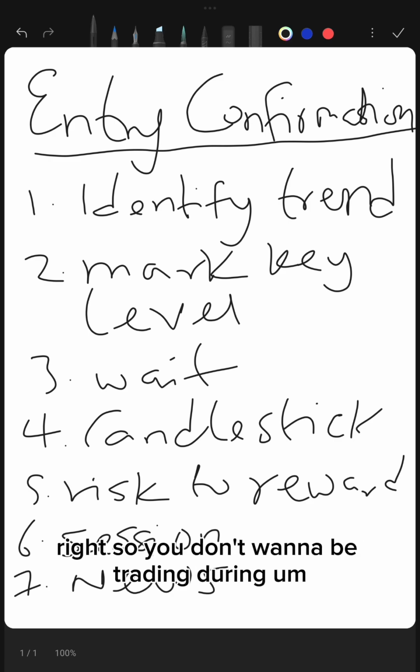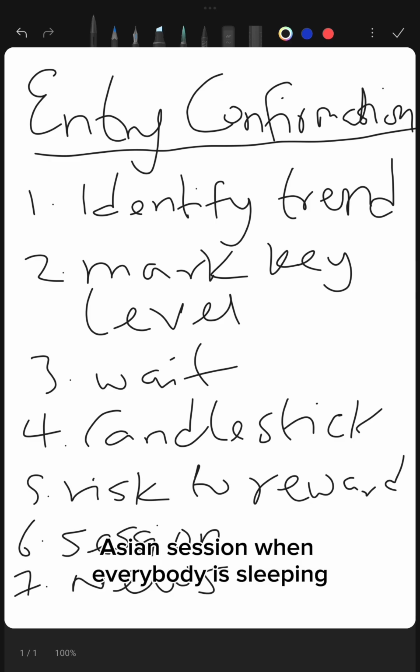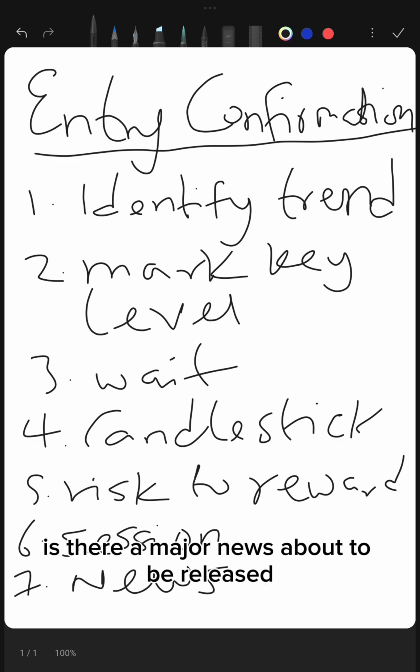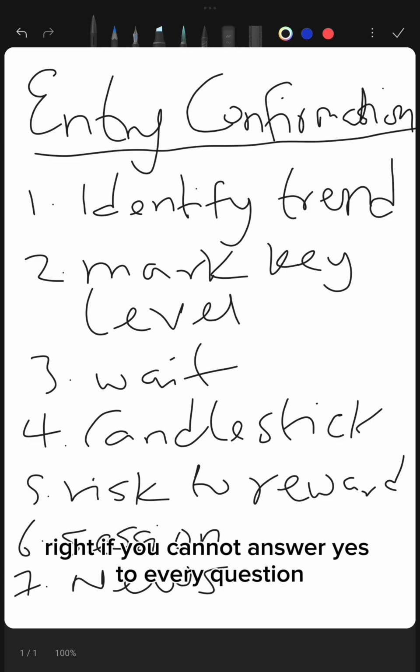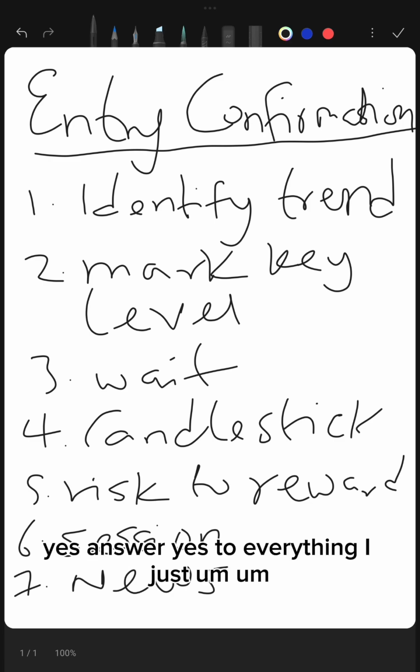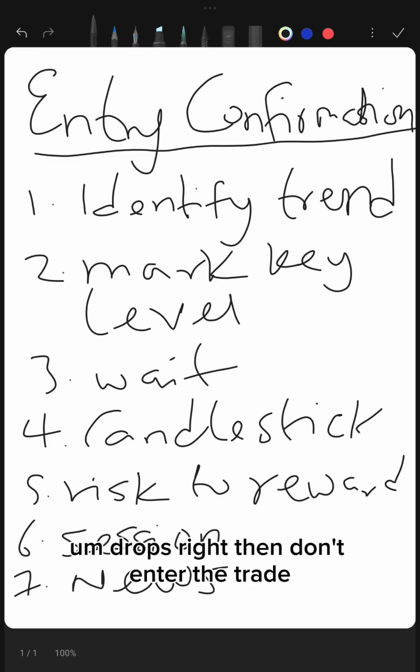So you don't want to be trading during the Asian session when everybody's sleeping. Is there a major news about to be released? If you cannot answer yes to everything I just dropped, then don't enter the trade.